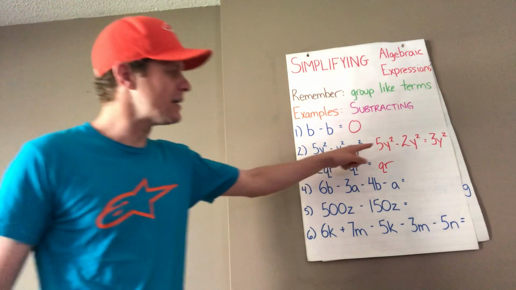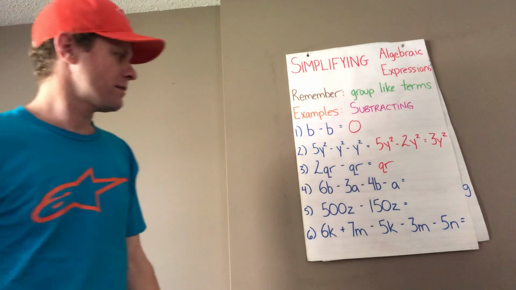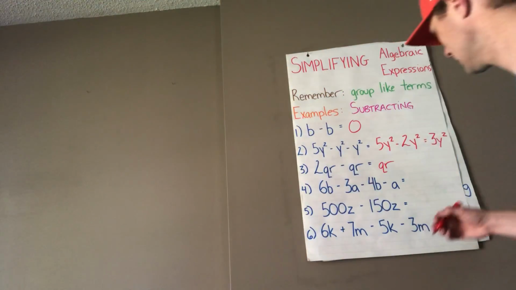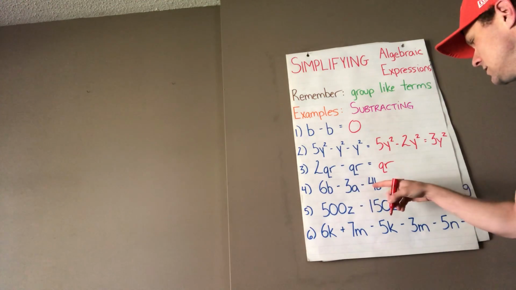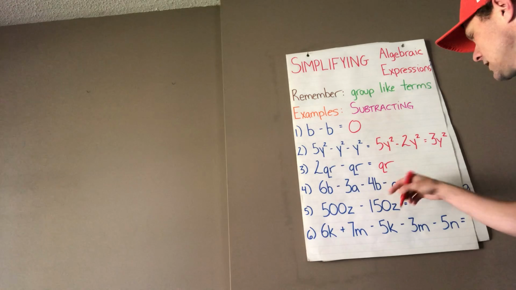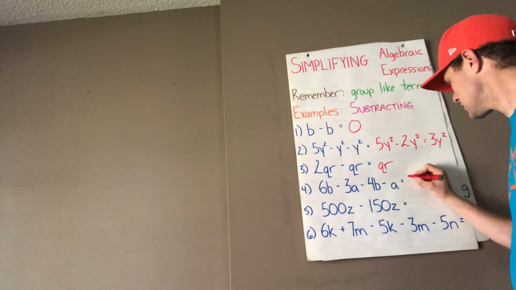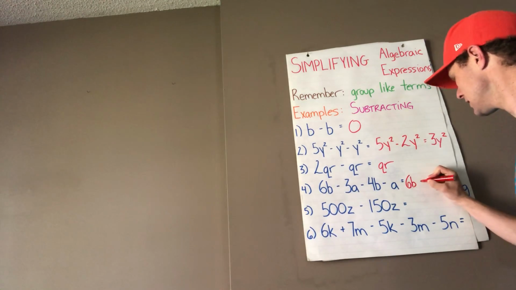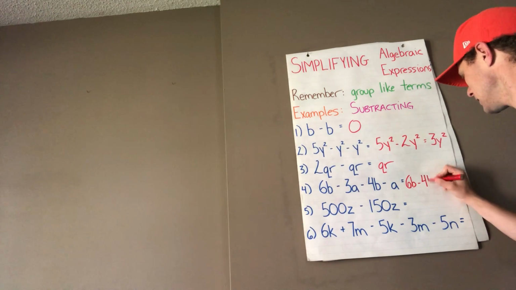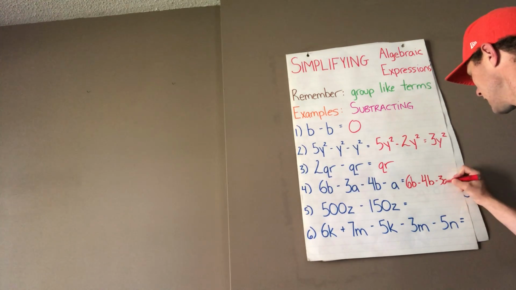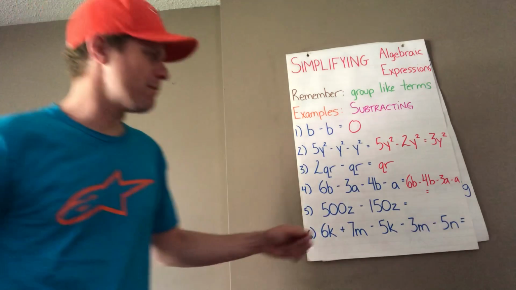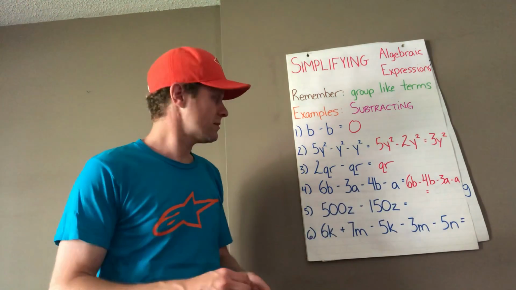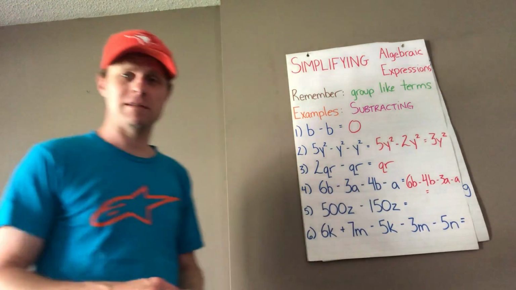So we could rewrite it like we did up here, which would look like 6b, just so we're grouping them together, 6b minus 4b minus 3a minus a. Then you've already grouped your like terms together, and it might be a little easier to find the difference between the variable terms.